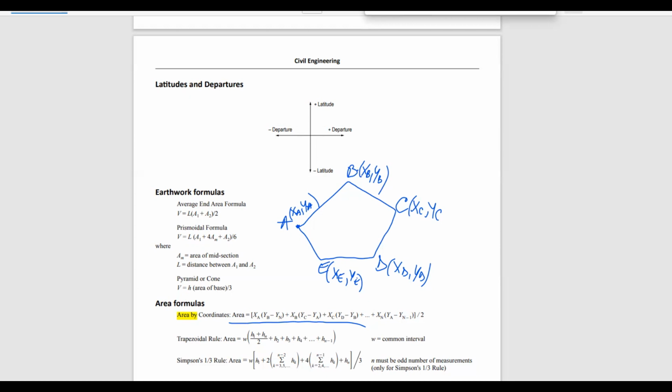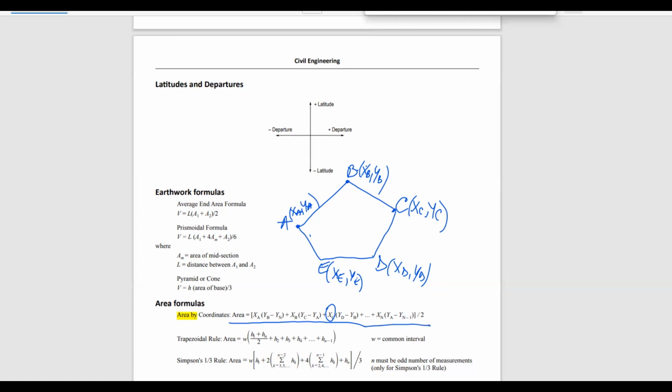If you move to point B, the same thing: you take X of point B multiplied by Y of point C minus Y of point A. Moving forward, point C, it's going to be XC multiplied by Y of point D minus Y of point B. So this is a pattern, and if you recognize how this formula is completed, it's pretty easy to apply.